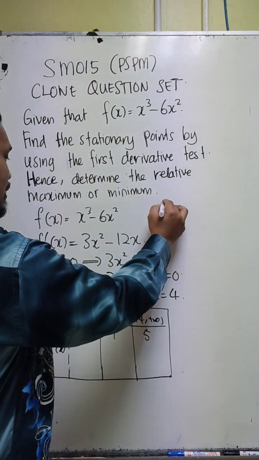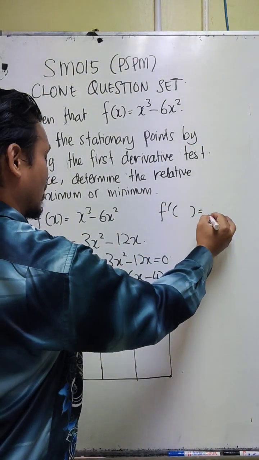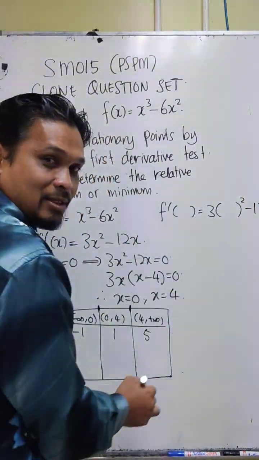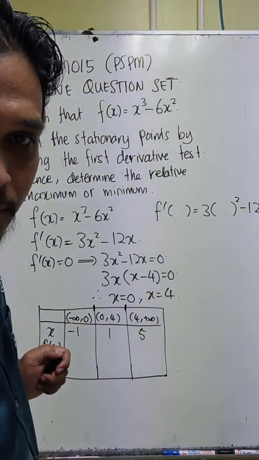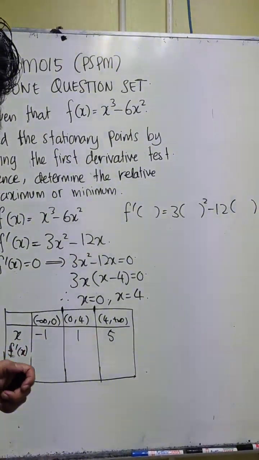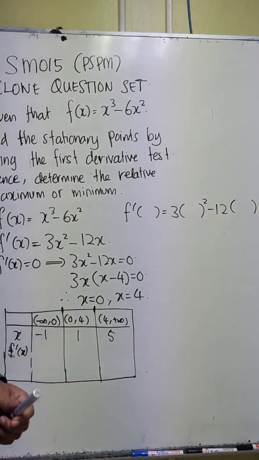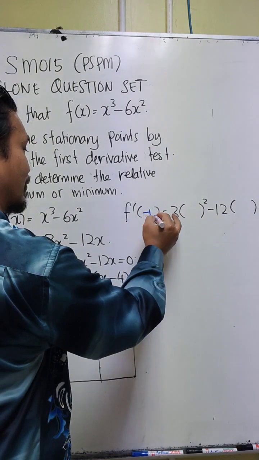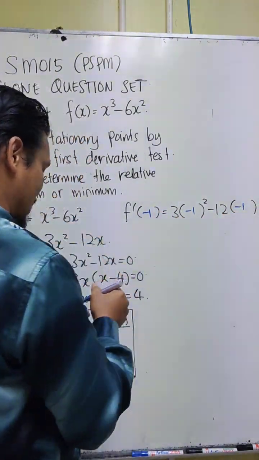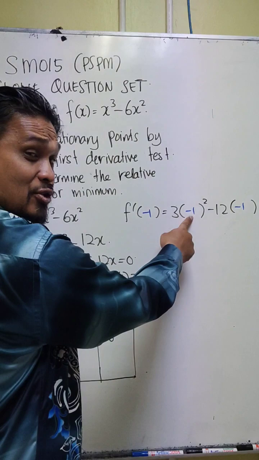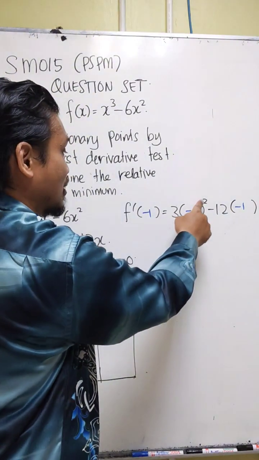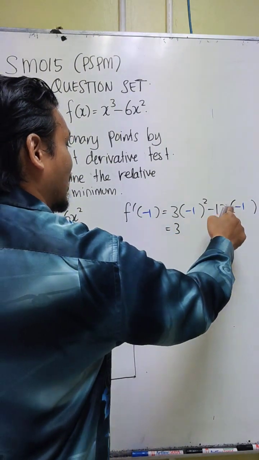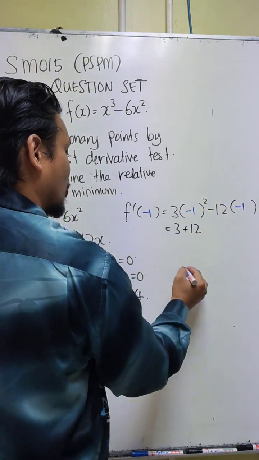Here, f prime x equals 3x squared minus 12x. Let's take the first value, x equals negative 1. Negative 1 squared equals 1, times 3 equals 3, and negative 12 times negative 1 is plus 12.